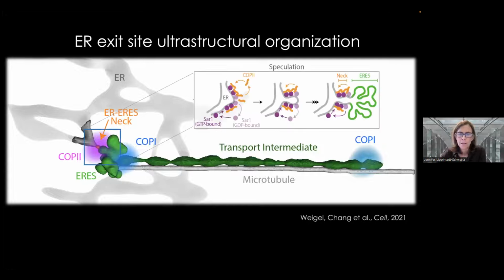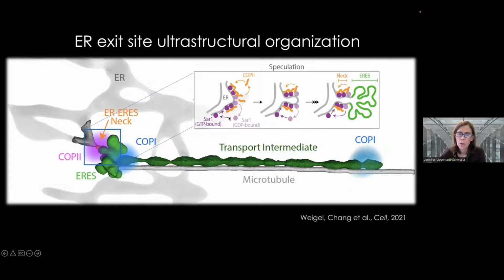Now, for people in the field who are interested in these coat proteins, COP2 in particular is driven by a cycle of GTPase binding and dissociation. SAR1 is the GTPase, which when it's in its active GTP-bound form, will recruit the COP2 coat onto membranes.